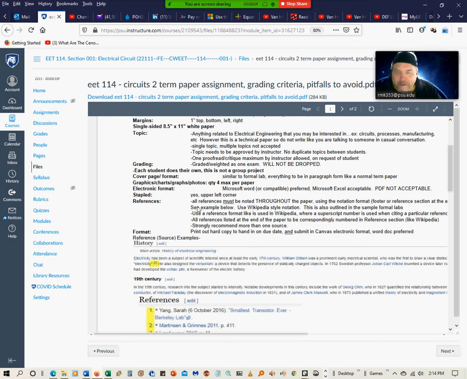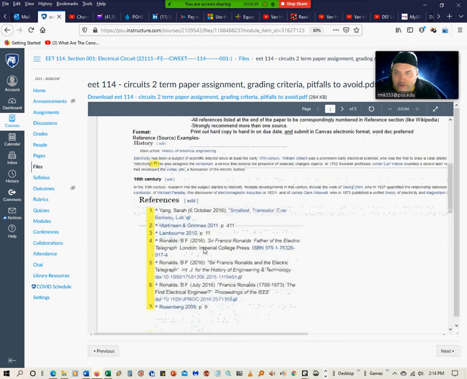And then this is very important. All references must be noted throughout the paper. So use a Wikipedia style notation where they put, see where I have highlighted that number 2, and this is number 2, and it shows you the exact source.